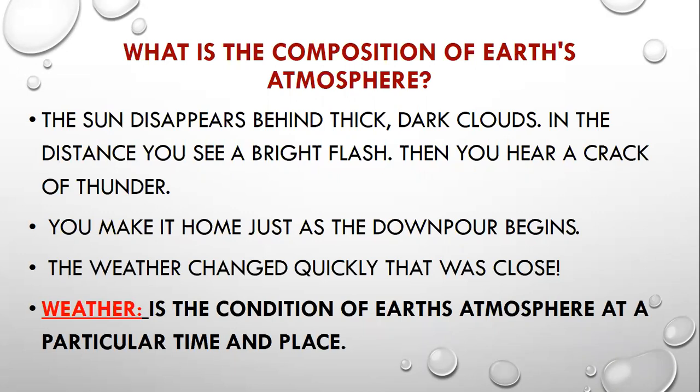What is the composition of the Earth's atmosphere? The sun disappears behind thick, dark clouds. In the distance, you see a bright flash, and then you hear a crack of thunder.